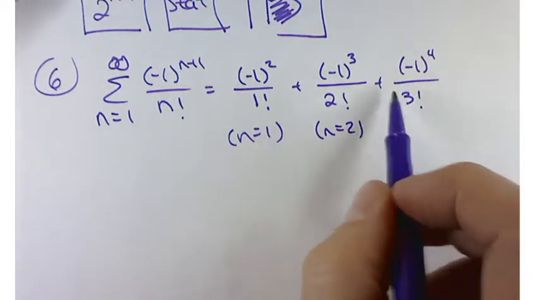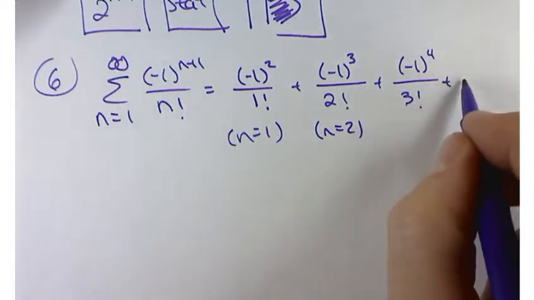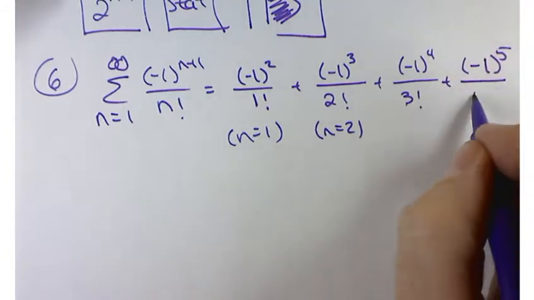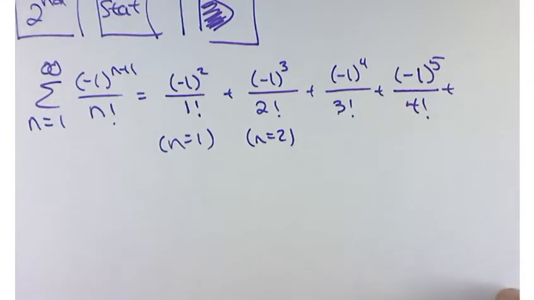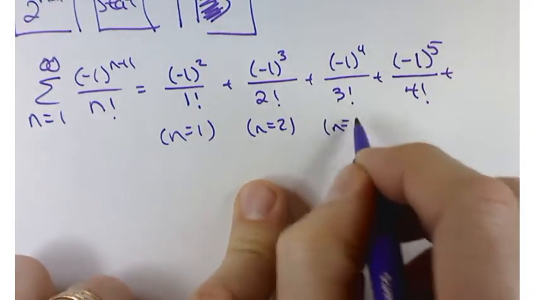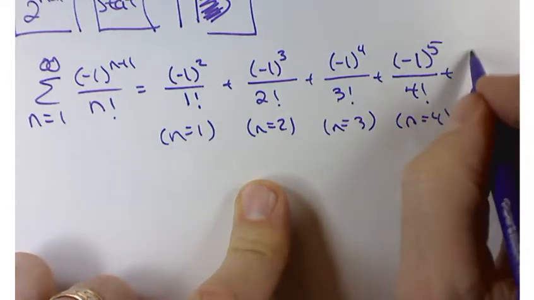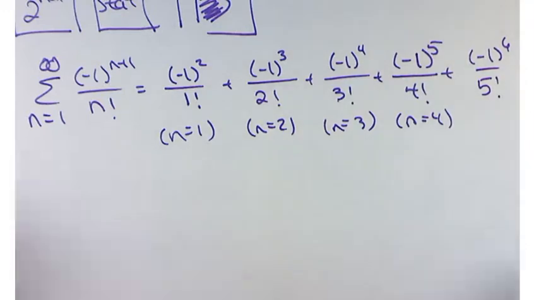Always this exponent is going to be 1 more than the n in the factorial in the denominator. Now I'm just going to list out the first 5 terms because we're going to try and find the partial sums here. The last one I want to list out is negative 1 to the 6th power over 5 factorial.